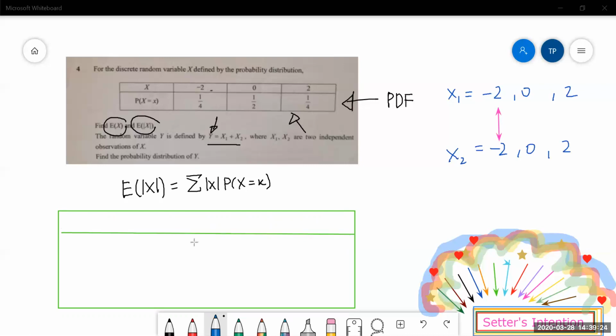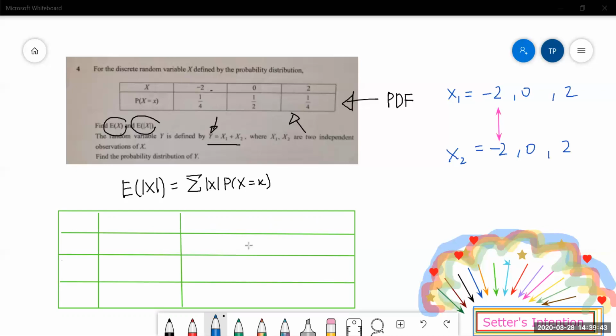Okay, this will be a very clear presentation. So x1 is the horizontal, then x2 is vertical.